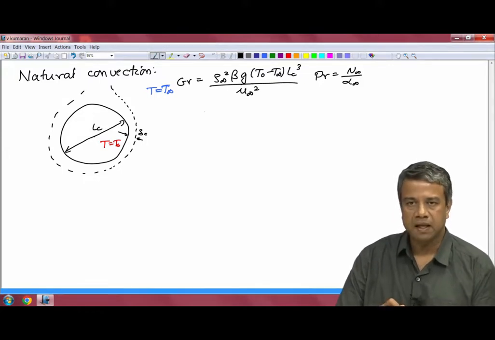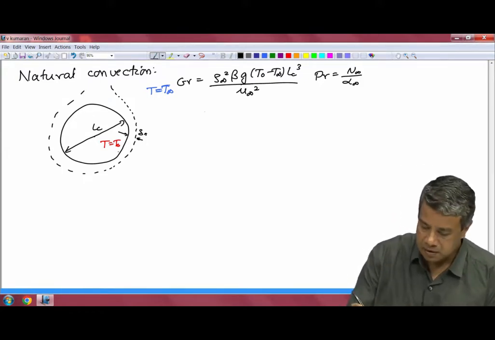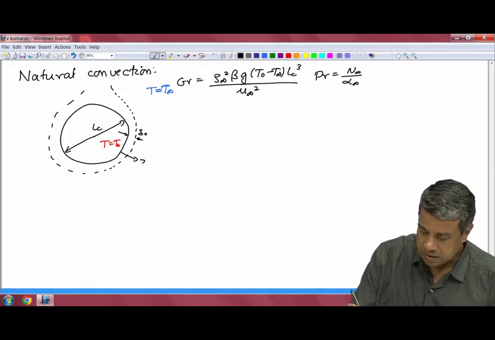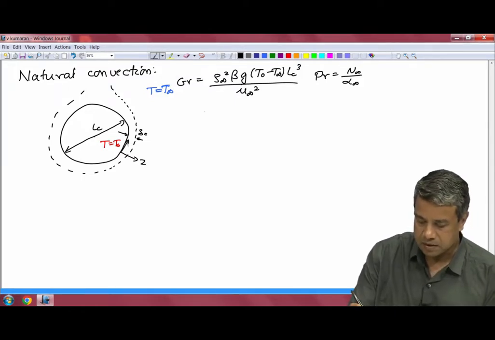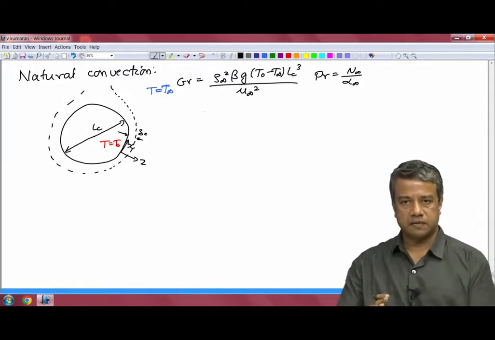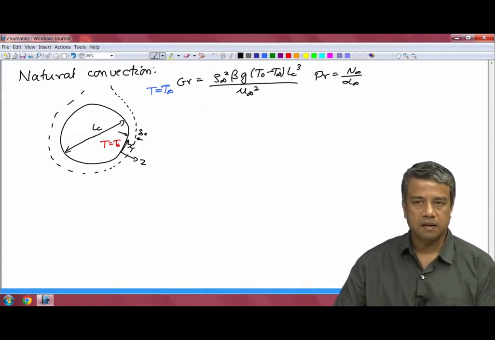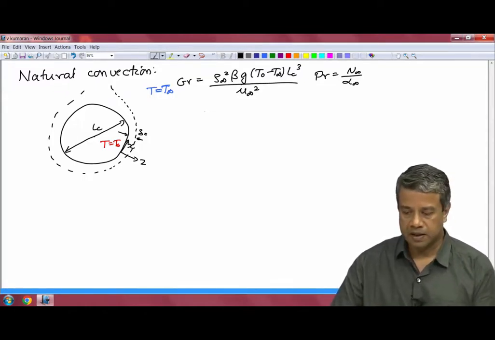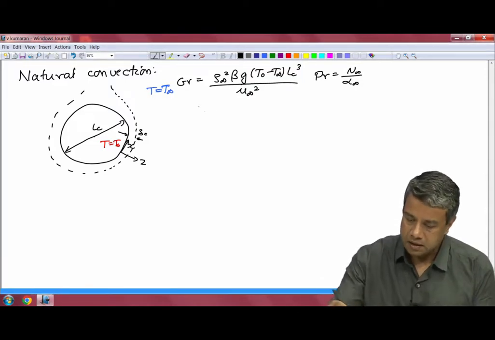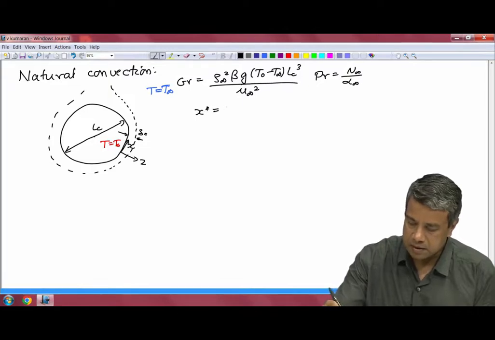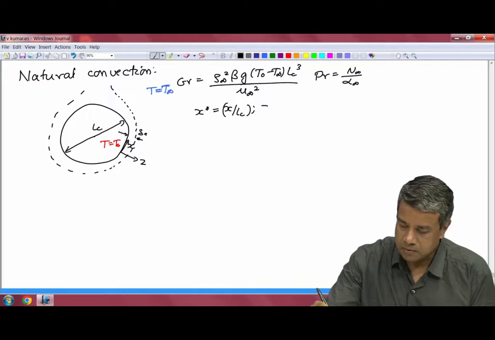And if the boundary layer thickness is small, then we can use a local coordinate system, consider the surface to be locally plane for analyzing the temperature and the flow in the boundary layer, and use a local approximation where the streamwise direction is x, the cross stream dimension is z. The streamwise coordinate was scaled by the characteristic dimension. The cross stream coordinate was scaled by the boundary layer thickness.